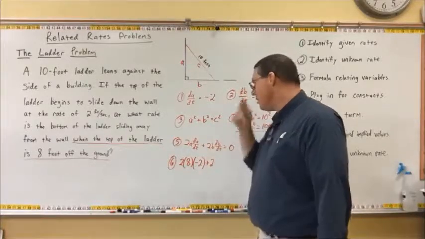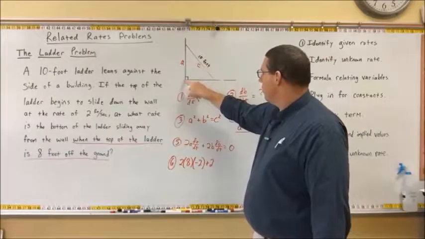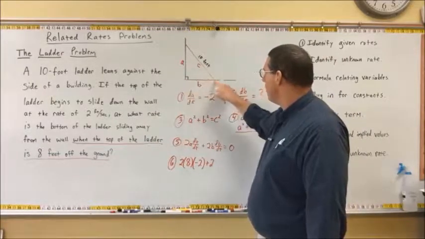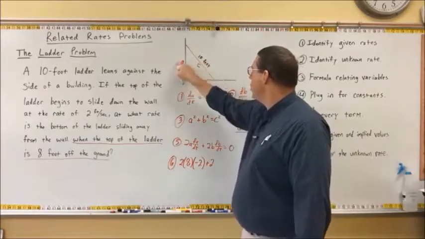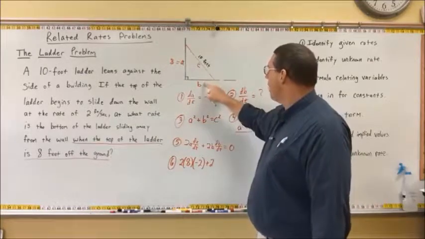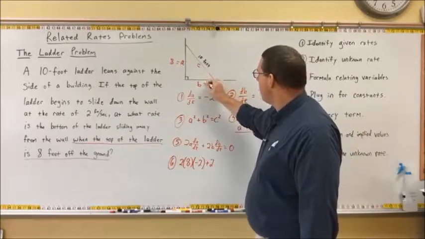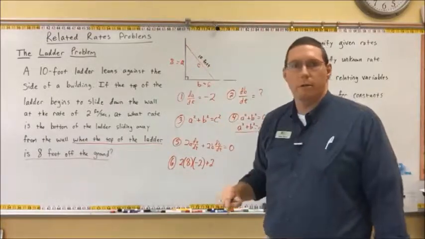Now what about this B here? B is the length of the distance from the wall to the bottom of the ladder when C is equal to 10 feet and A is equal to 8 feet. Well, if we did the Pythagorean theorem, then that would make B 6 feet. In fact, this is a 3, 4, 5 triangle, okay?